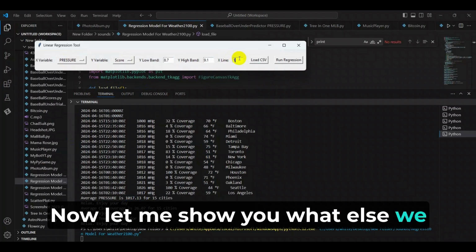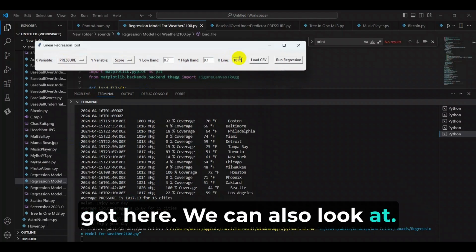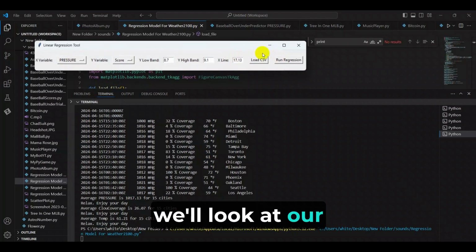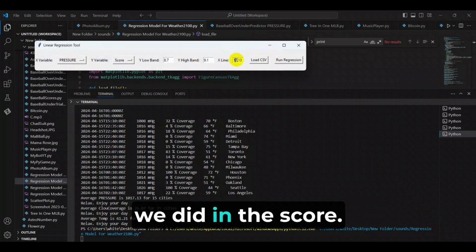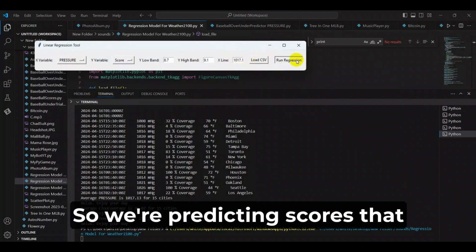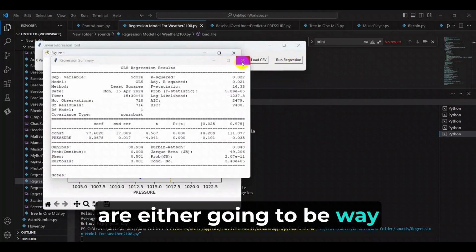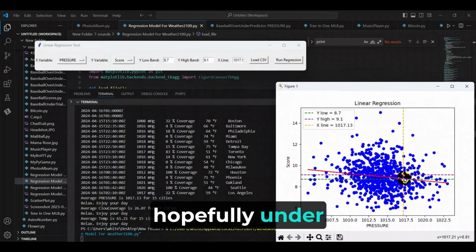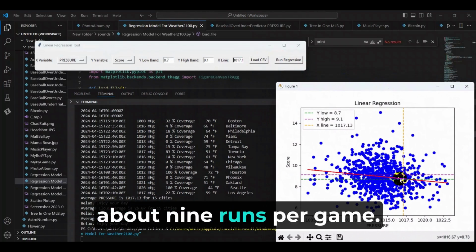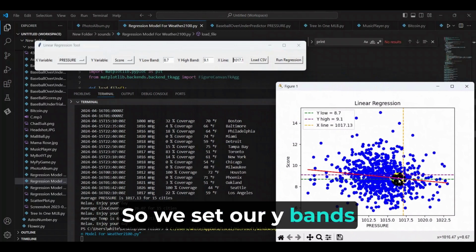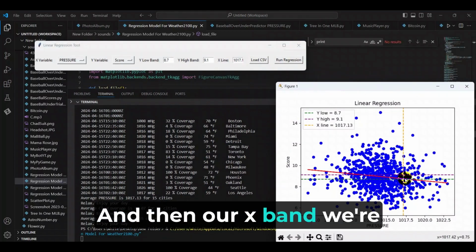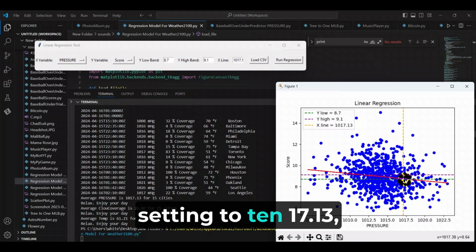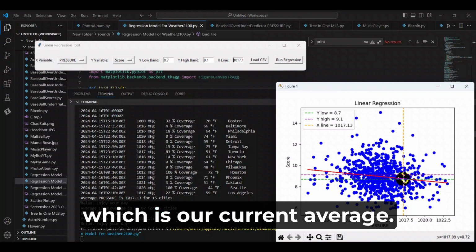Now let me show you what else we got here. We'll look at our pressure again. Let me just show you what we did and the score. So we're predicting scores that are either going to be way over or, hopefully, way under, about 9 runs per game. So we set our Y bands to 8.7 and 9.1, and then our X band we're setting to 1017.13, which is our current average.